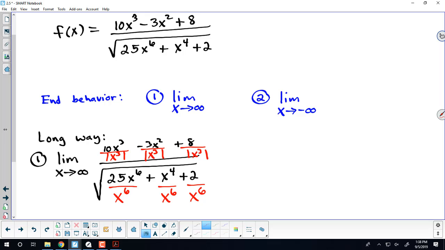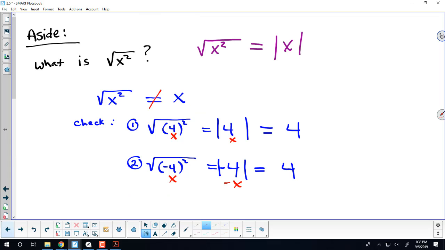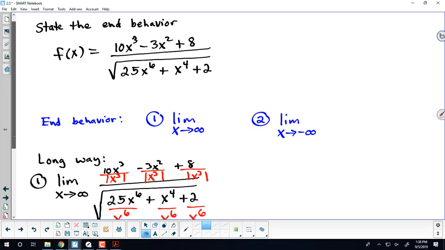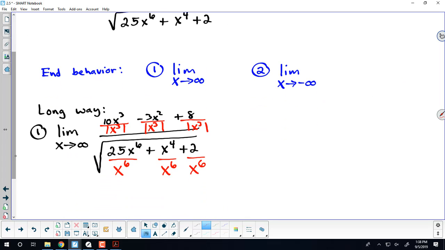The only reason we had to have the absolute value there is because, in general, we don't know where x is. X could be positive or it could be negative, so we ensure that it's always positive regardless of where x is. However, when we compute this limit, we know exactly where x is. It's a large positive number, so we don't need the absolute value there.